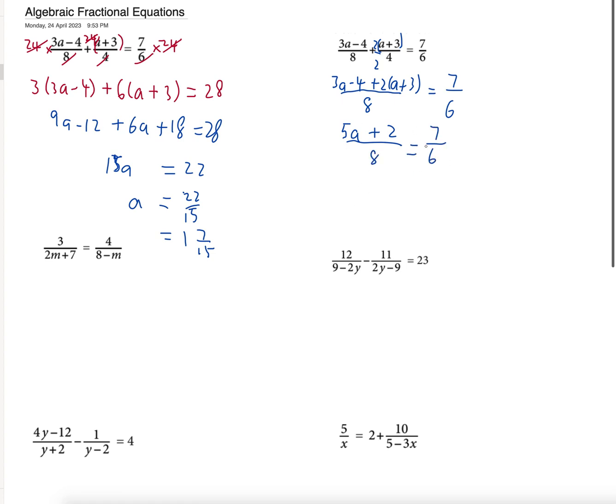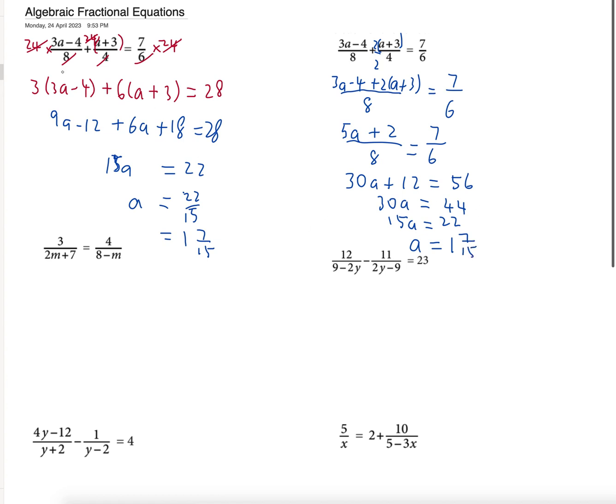Now we can cross multiply. Okay, so we cross multiply, we have 30a plus 12, and this is 56, which we have 30a equals 56 minus 12, which is 44, and this divide by 2, we will have 15a equals 22, and we can see that this is the same answer.